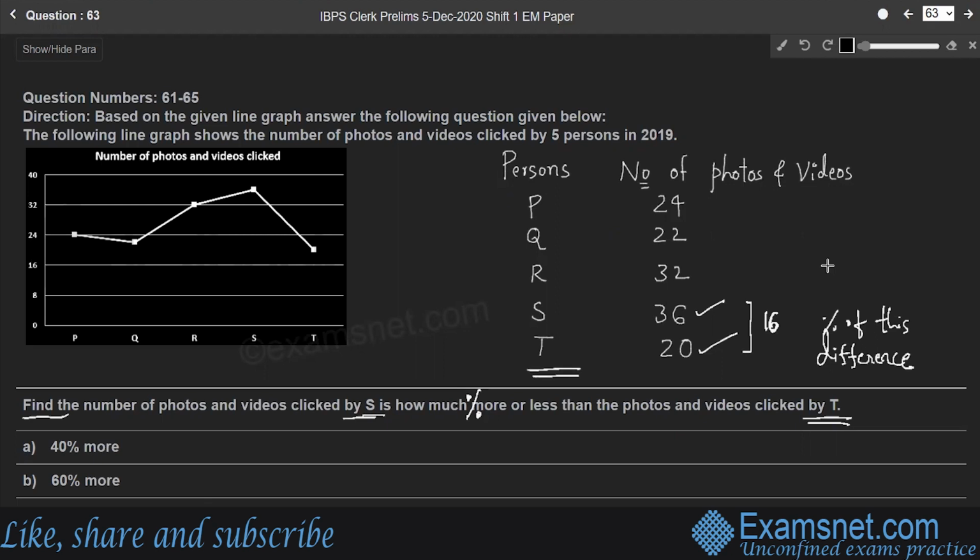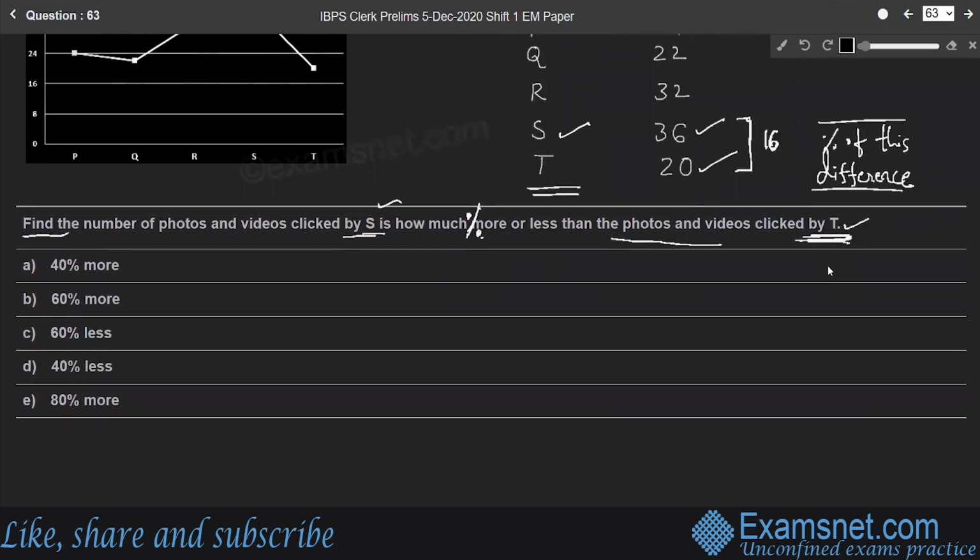Here in the question, it is asked how much percentage more or less than the photos and videos clicked by T. So when compared to T, how many more photos and videos are clicked by S? And its percentage we have to calculate, right? So let us write step by step.